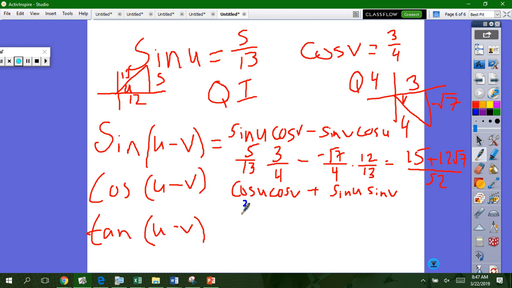We already know it's 3/4. The cosine of V is 12/13. Plus, the sine of U is 5/13. But the sine of V is times, make sure you have a times so you don't think it's subtraction, negative root 7 over 4.